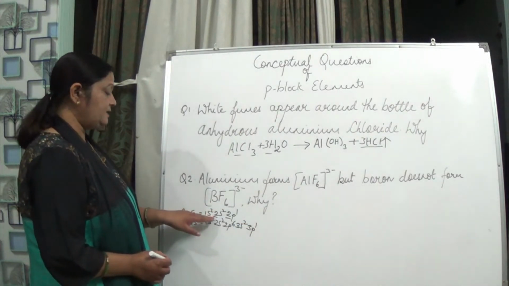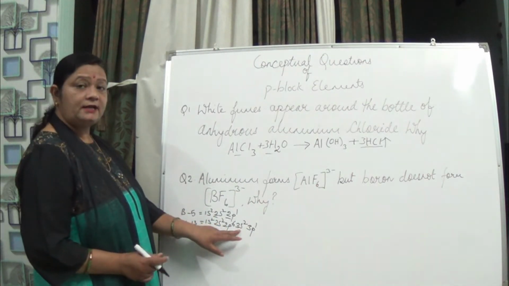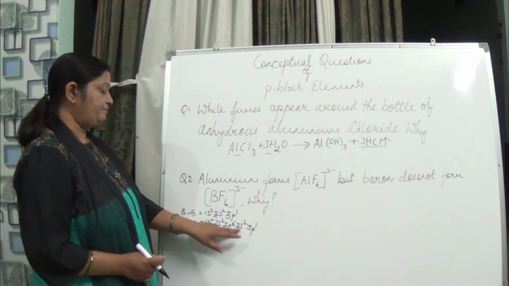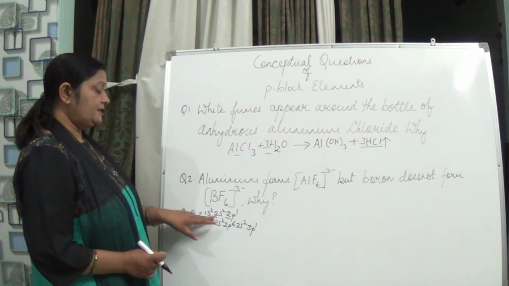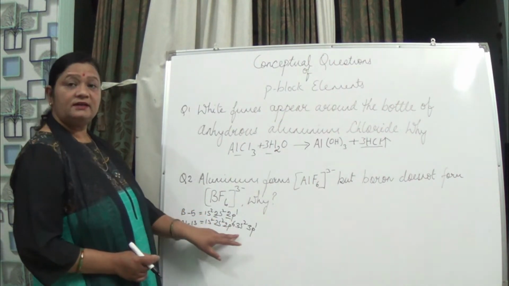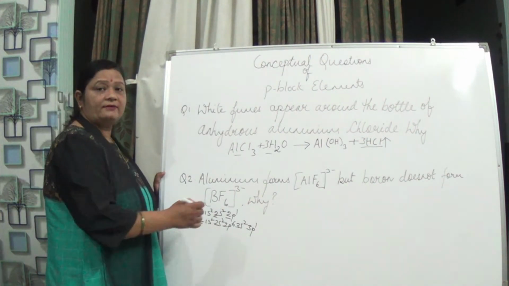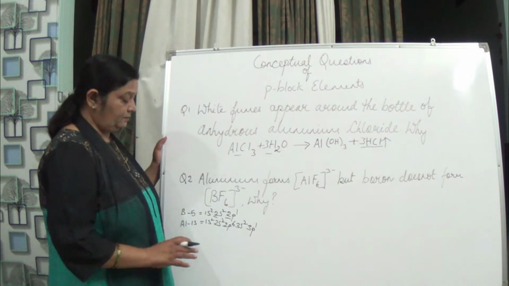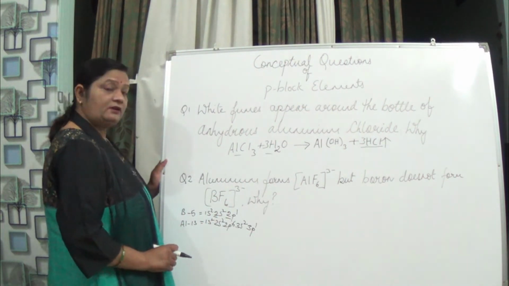Here we are seeing it is in the second shell. Here we are seeing that it has entered the third shell. In boron, it is in the second shell, and in aluminium, it is in the third shell. So the second shell doesn't have any d orbital, but the third shell has d orbitals which are vacant.